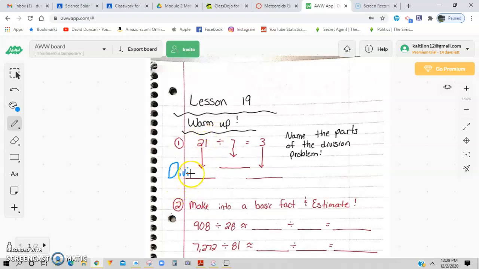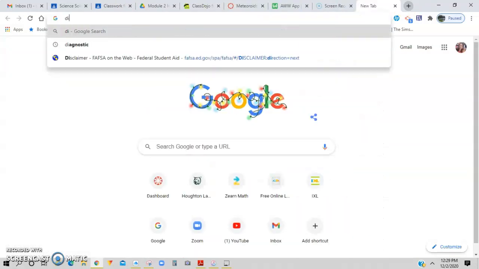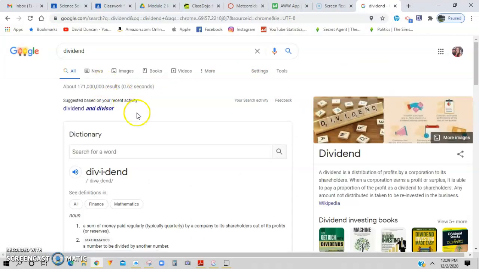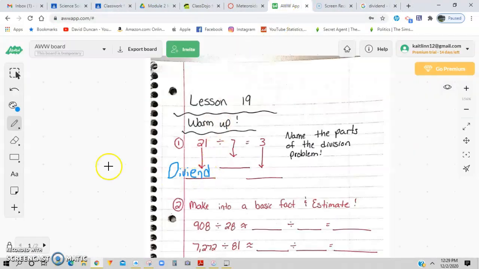So dividend, D-I-V-I-D-E-N-D. I think I spelled that right. Yes, there's an extra D. All right, that's dividend.